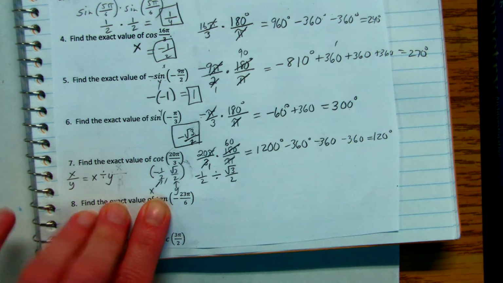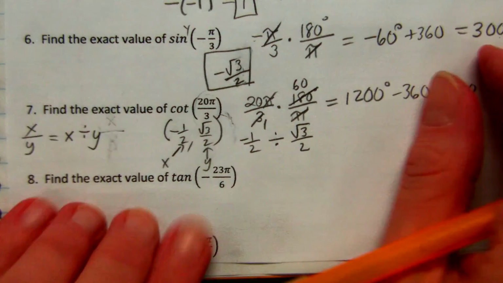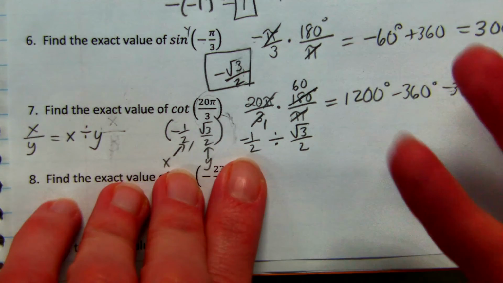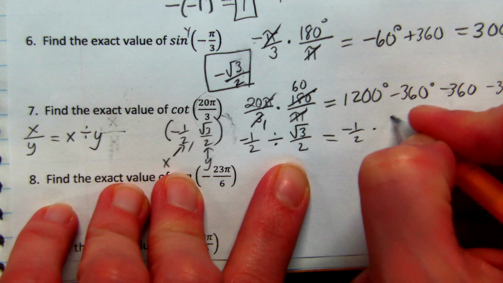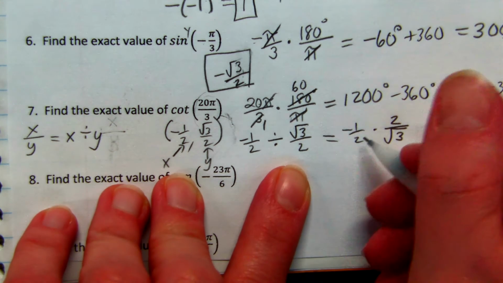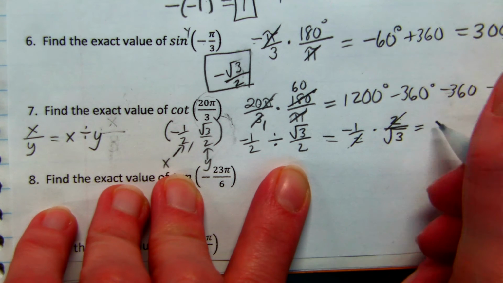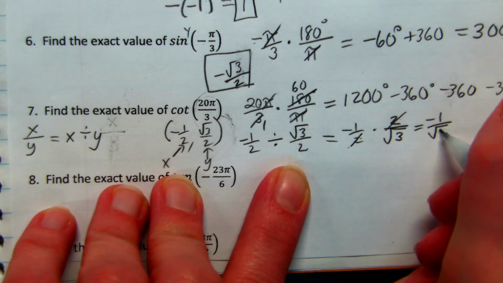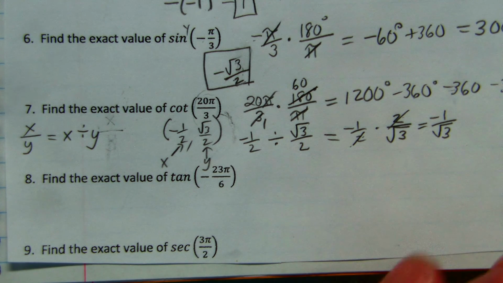So we have to think about, gee, how do I divide fractions? Copy dot flip is one method. Invert and multiply is another method. So you make it negative 1/2 times 2 over the square root of 3. And the 2's are going to cancel out. This 2 and that 2 go away. I have negative 1 over the square root of 3. And if life were fair, we would stop there.